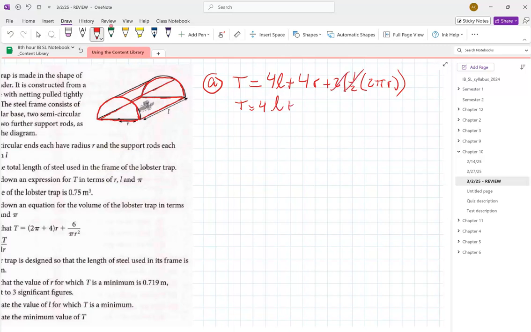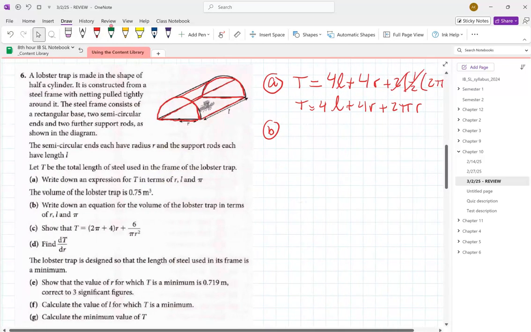So the 2 and the half cancel each other out. So there's my equation. What do you guys think there? You just have to add up the parts in the picture. That's the scary part.